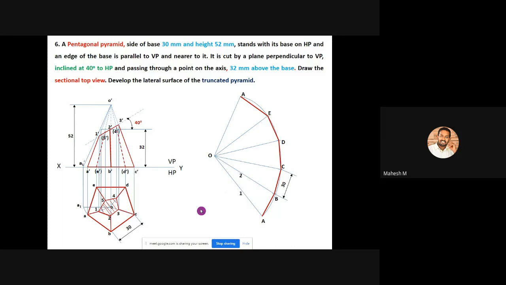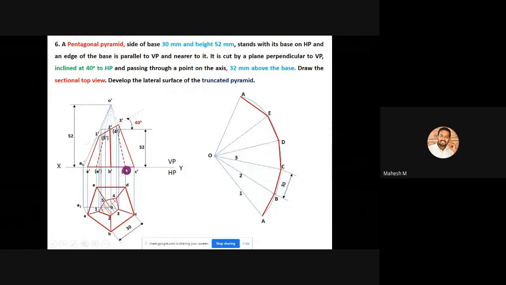Okay, so then you can measure point number 2. So point number 2 is available exactly at O2B. So you can measure this distance, then you can create this point. Similar to that, point number 3 is available O2C. So you can mark third point at O2C. Then fourth point, O2D.